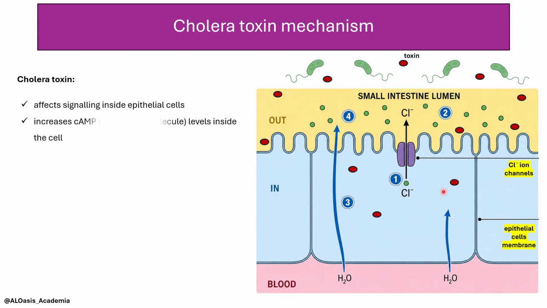That's very important to the mechanism of the toxin, because once the toxin is inside the cell, it will start affecting the signaling inside the epithelial cell. One of the main roles of the cholera toxin is that it increases the level of a specific signaling molecule called cAMP.